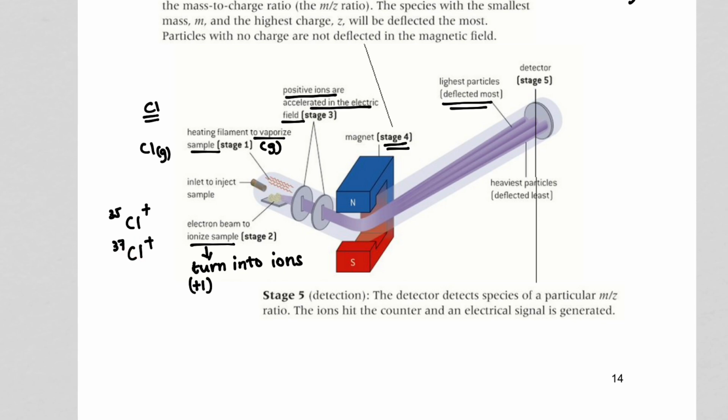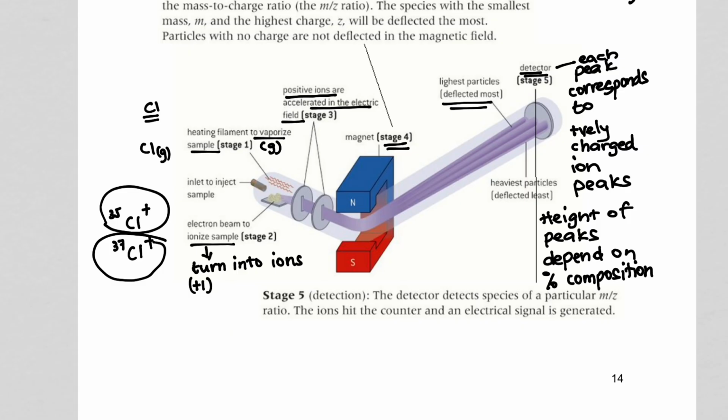Then you have a detector that is going to find out how much of chlorine 35 plus there is and how much of chlorine 37 plus there is. So it gives 2 peaks. Each peak corresponds to positively charged ions.